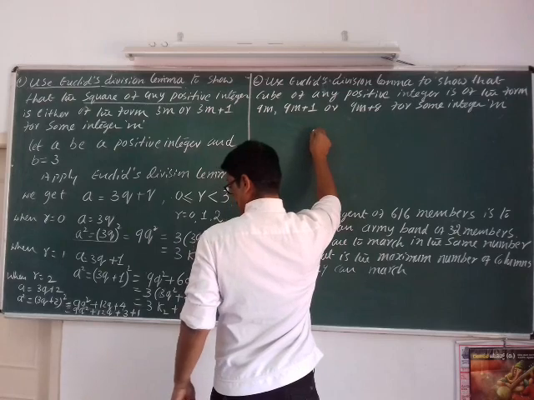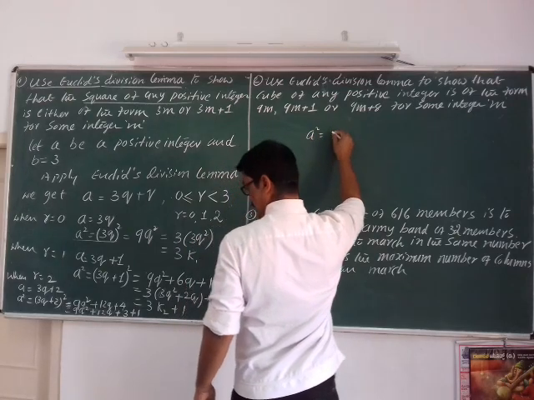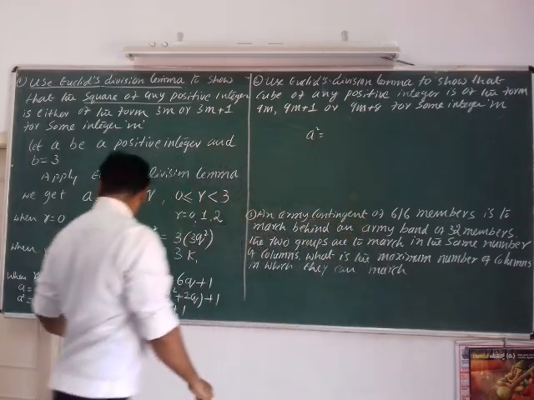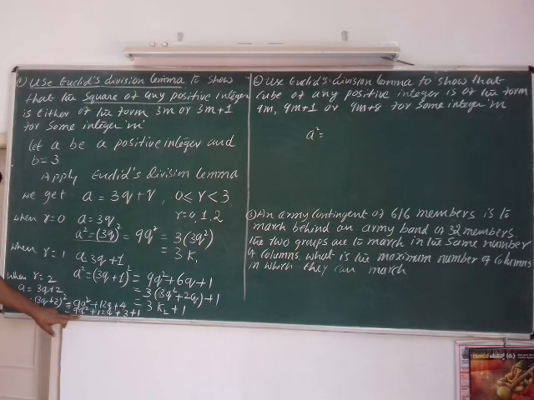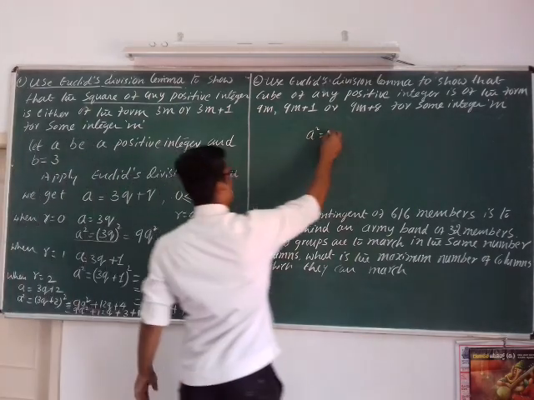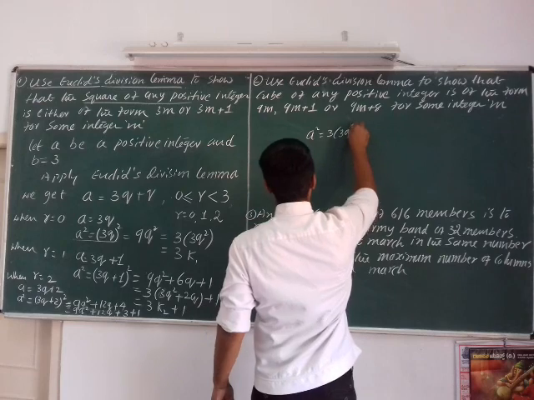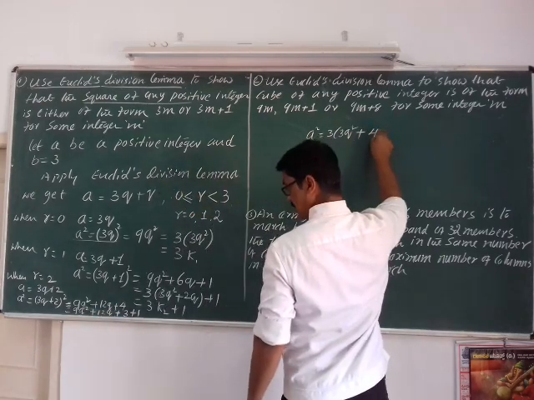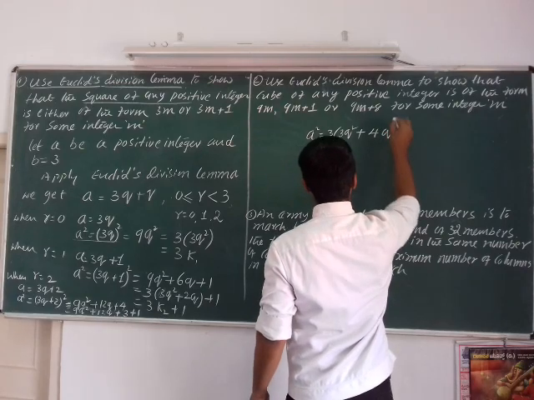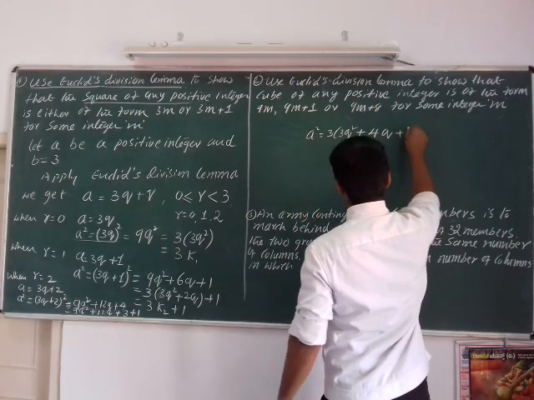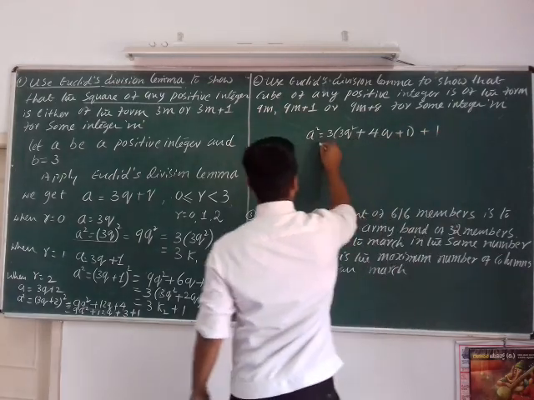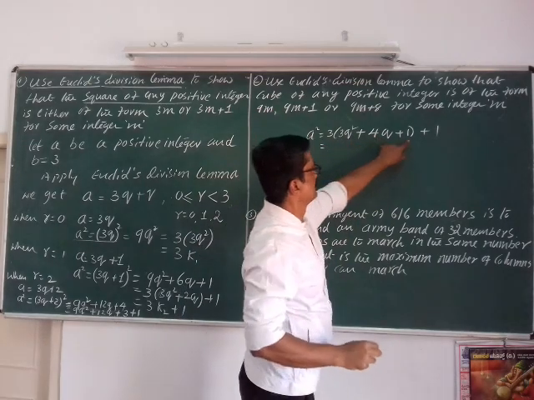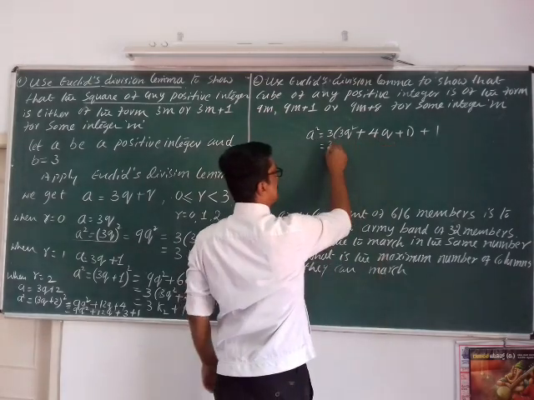So a square is equal to 3q square plus 4q plus 1, plus 1. Let me denote this term as k3.